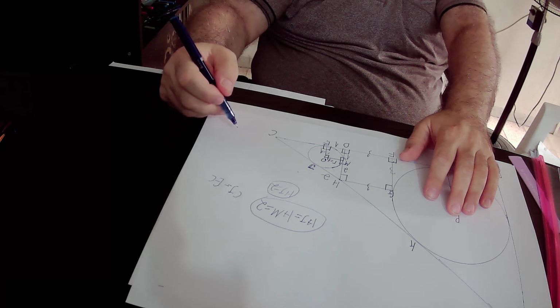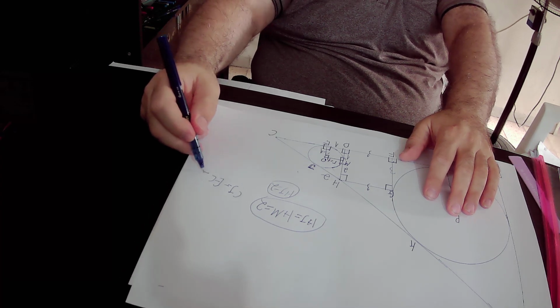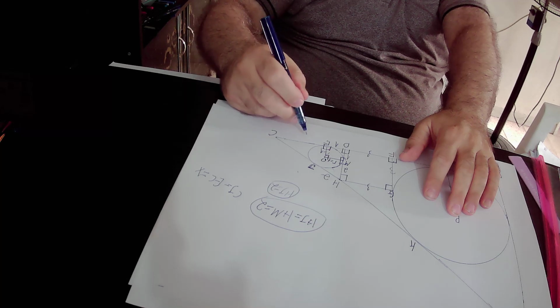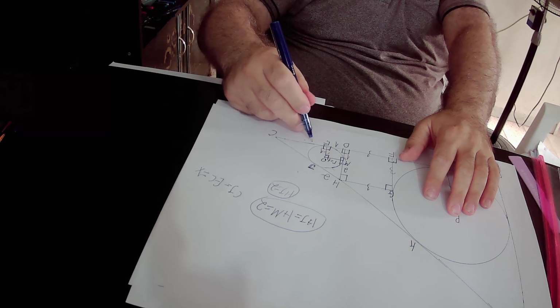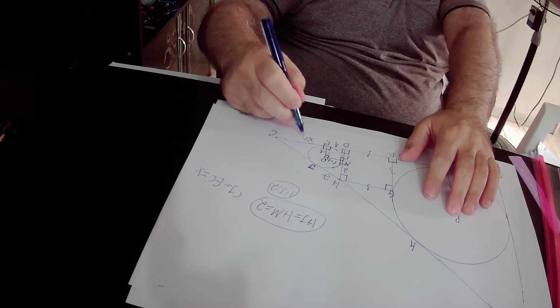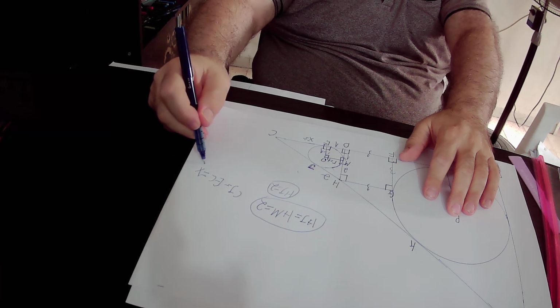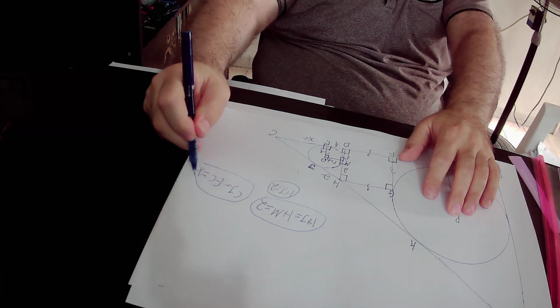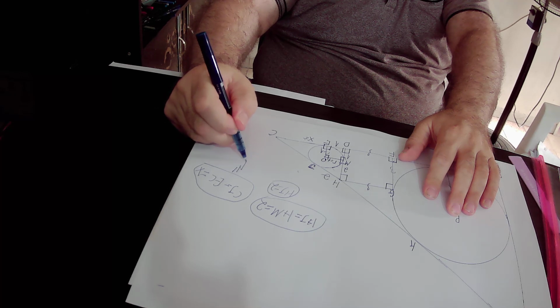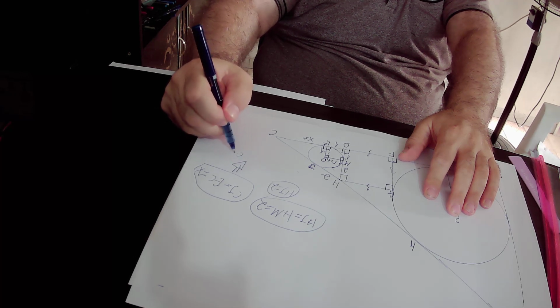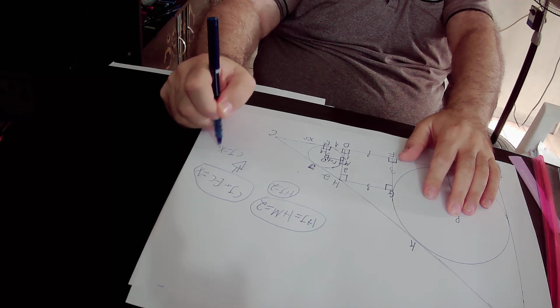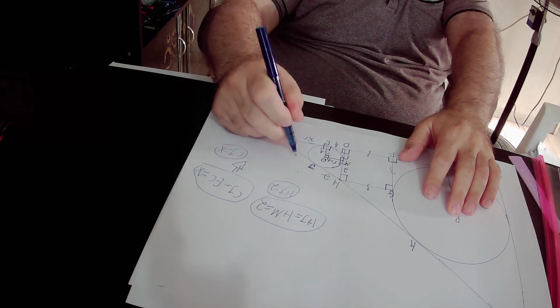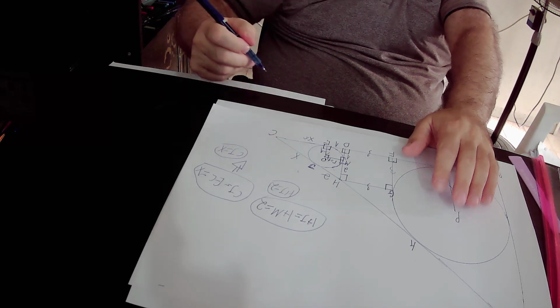If we define EC as x, then from this equation x equals EC equals CJ, we derive that CJ is also equal to x.